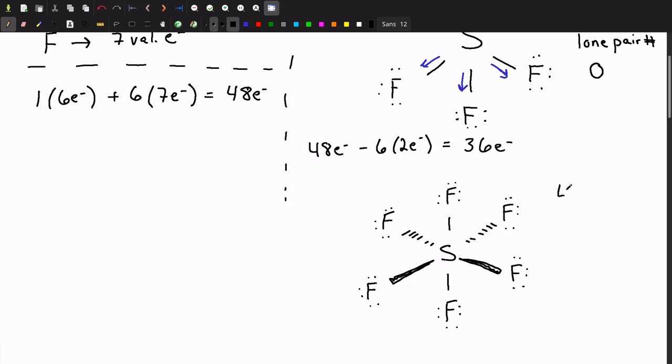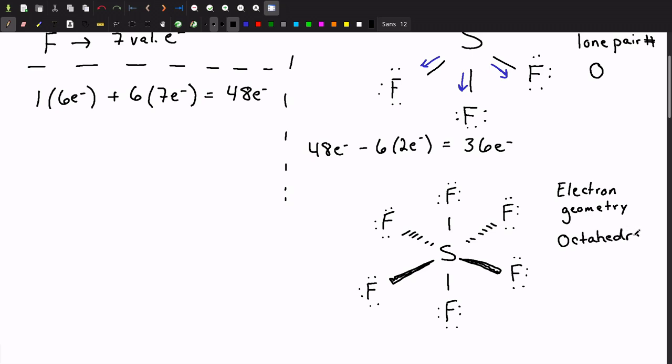And we can label this with an electron geometry of octahedral.